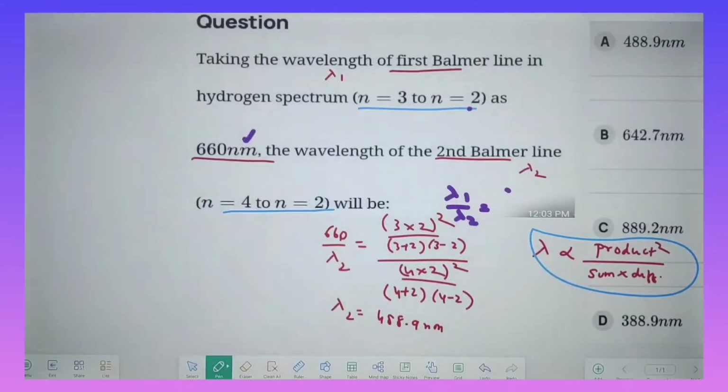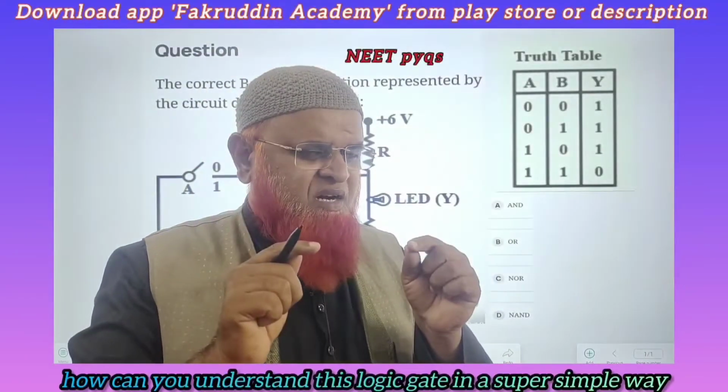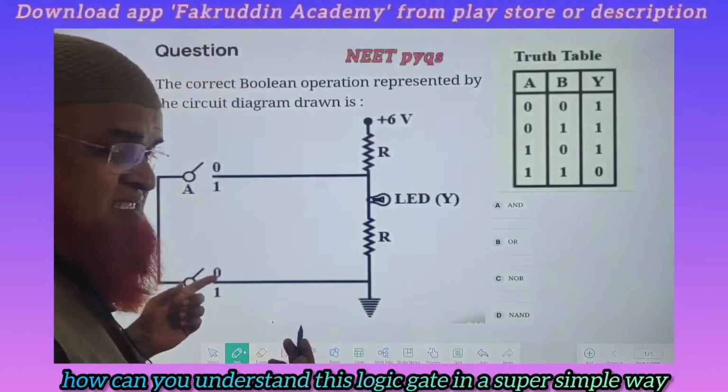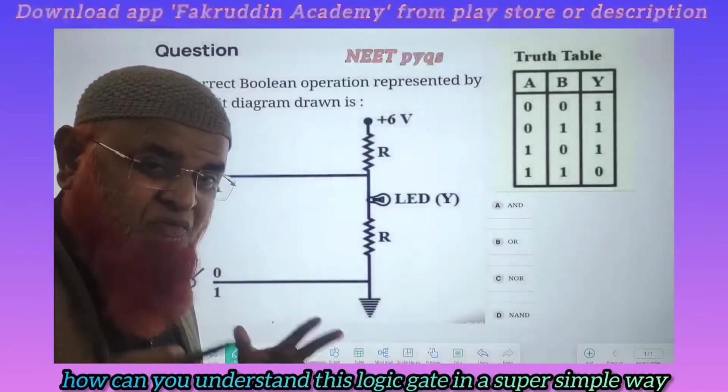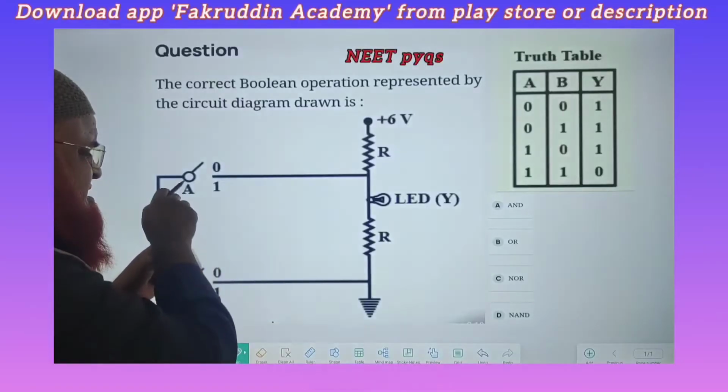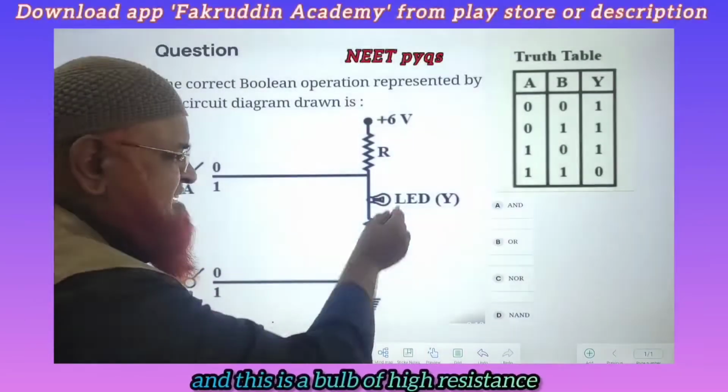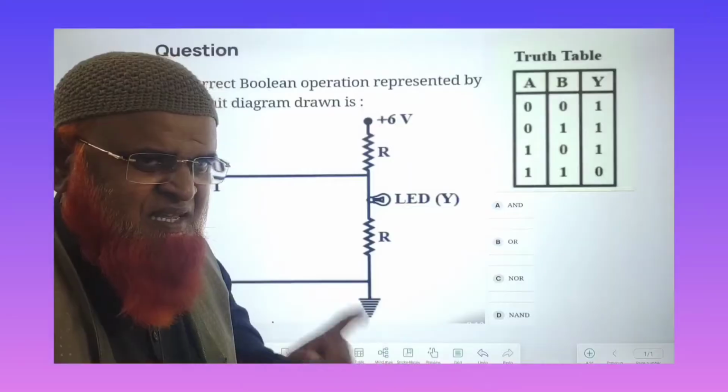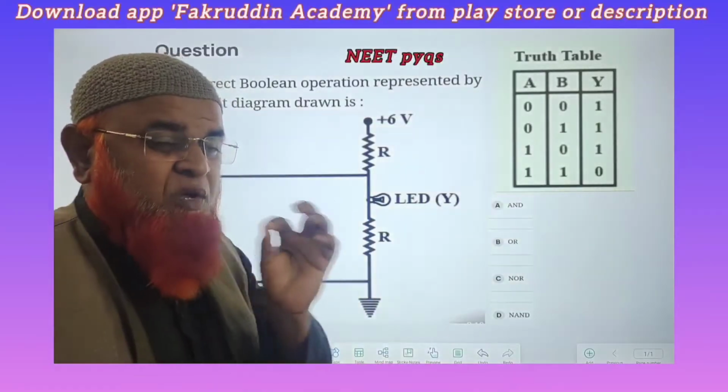My dear students, how can you understand this logic gate in a super simple way? You can just see that these two are the switches and this is a bulb of high resistance. You remember only one sentence, you can solve this.